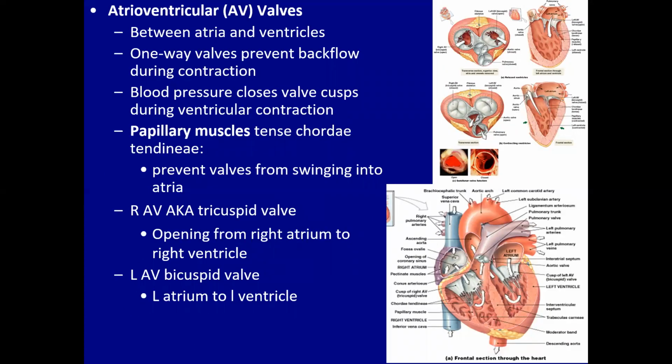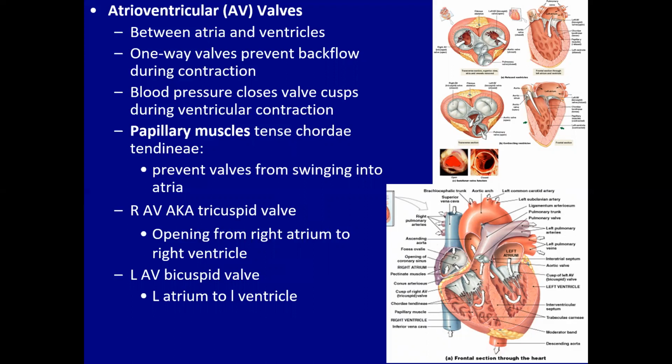Let's talk a little more about the AV valves. On each side, between the atria and ventricles, you have the atrioventricular valves, or the AV valves. They're one-way valves, as I just talked about, and you don't want backflow during contraction.